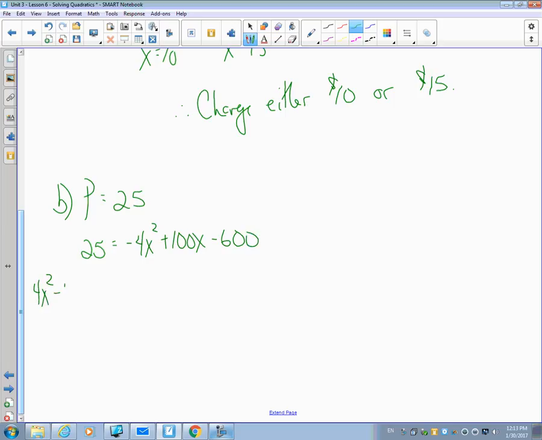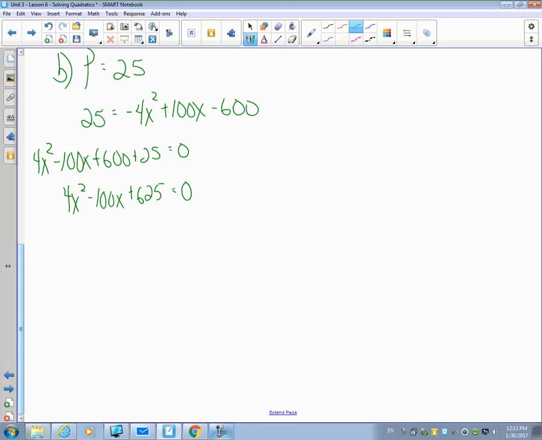We got 4x squared minus 100x plus 600 plus the 25 that's over there already. And that gets me 4x squared minus 100x plus 625. Is this factorable? Well, it looks like a complex trinomial this time, so we can't divide by 4. But maybe, just maybe, you might notice that this is a perfect square, and so is that, which might suggest we can do a perfect square.